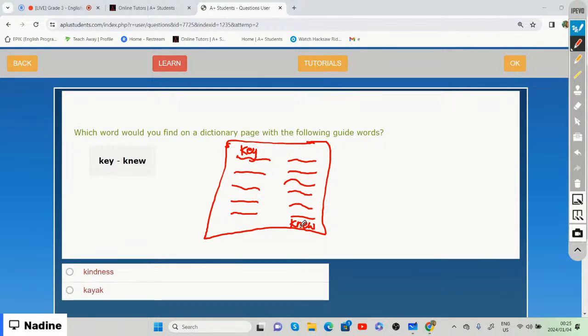Any other word that is maybe KM or N or something will be on the next page. So we need to say whether kindness or kayak is between these two words. For kindness, does it come before key, or does it come after new, or does it come in between?